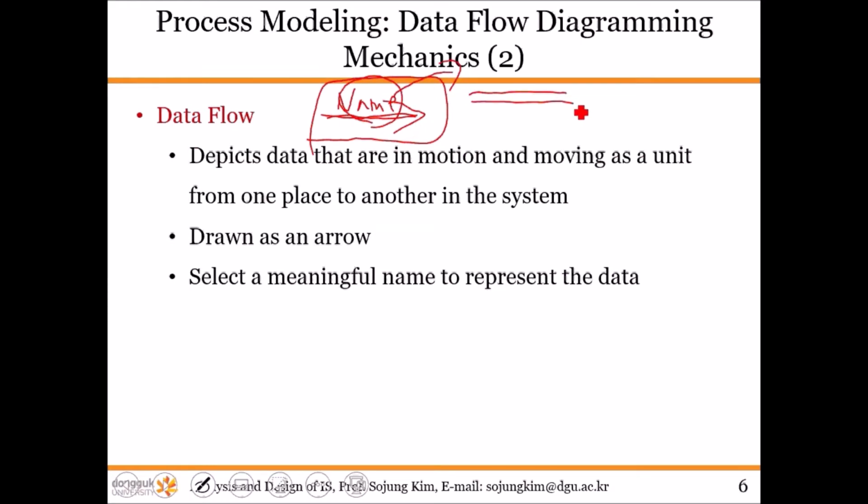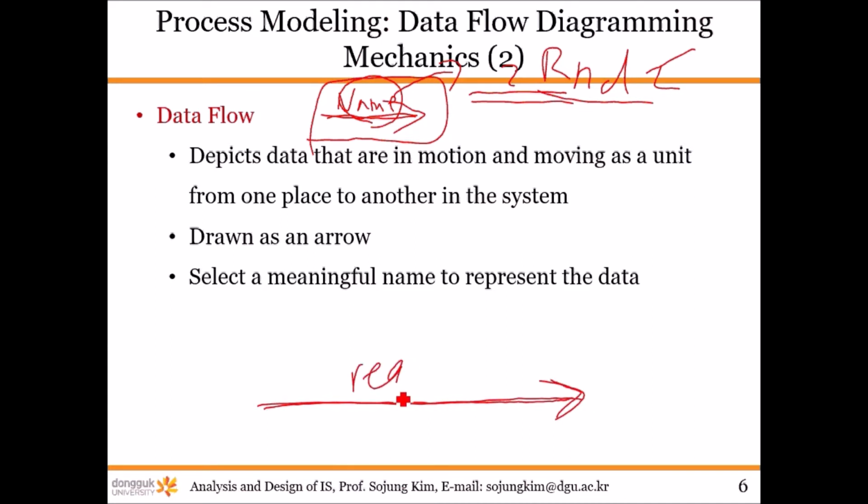If you just use a random name, no one can understand it. So if you have an arrow, you should provide what kind of data follows this arrow, for example, customer request.